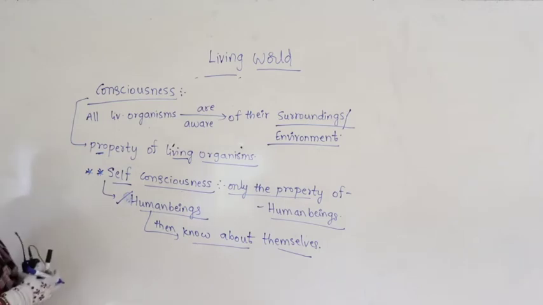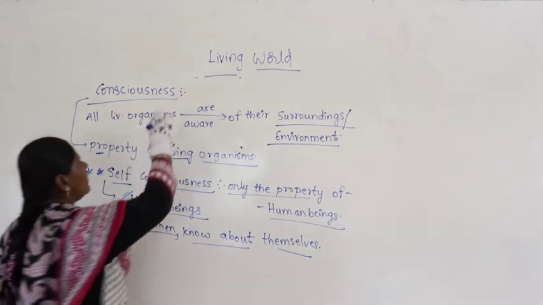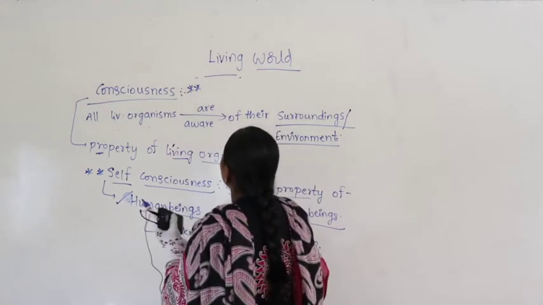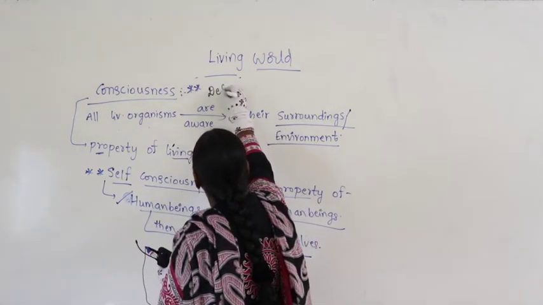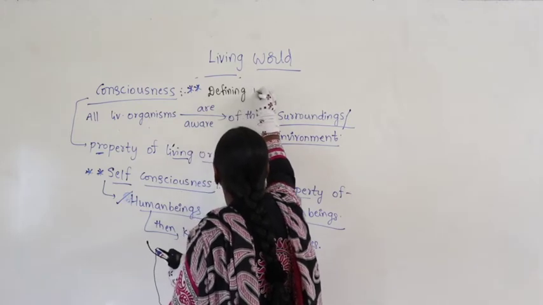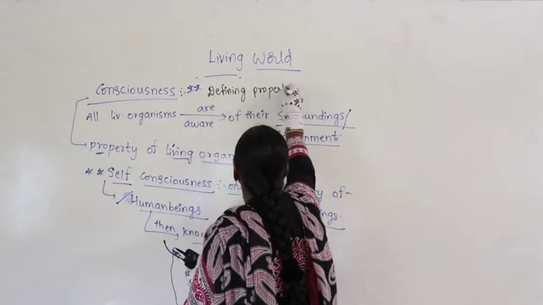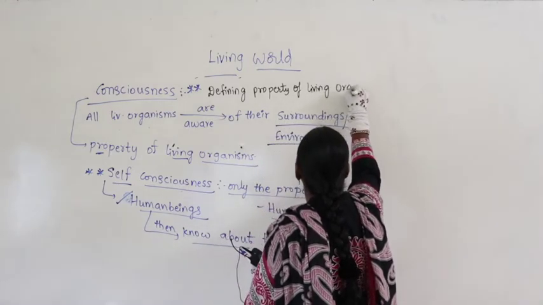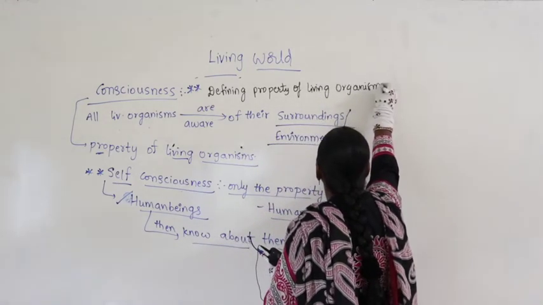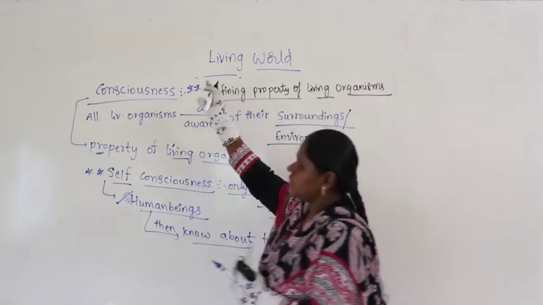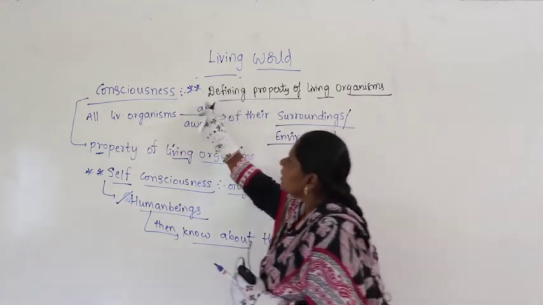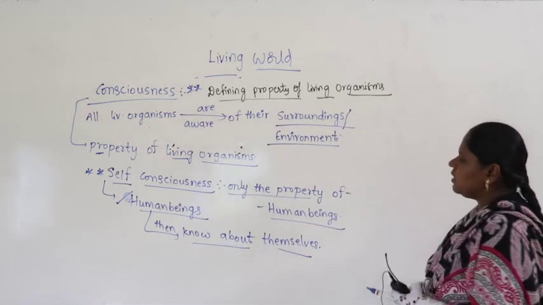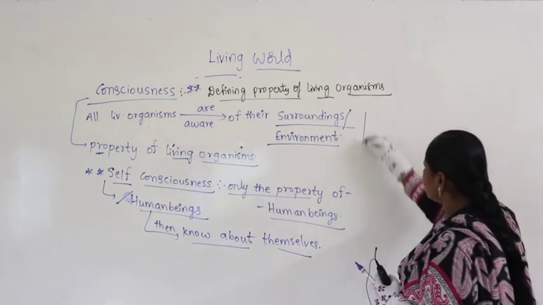Now, see here, consciousness is referred to as a defining property of living organisms. Meaning, consciousness is the property which we use to define a living organism. Now so far, what are the properties we discussed here?